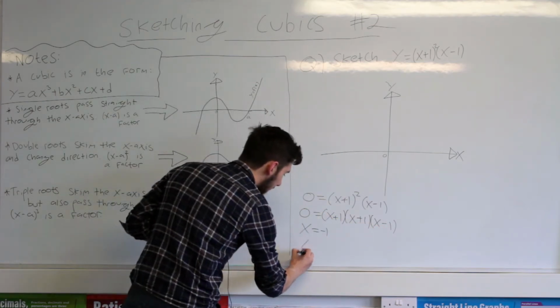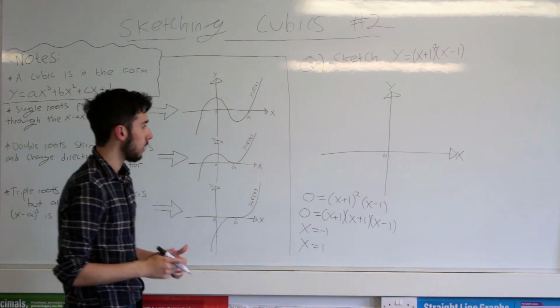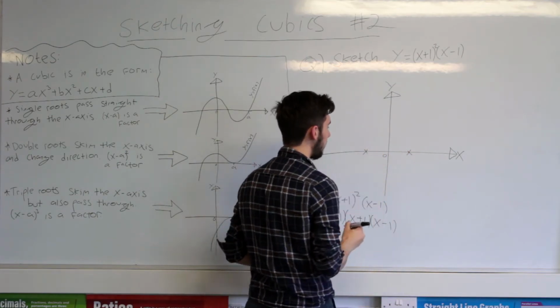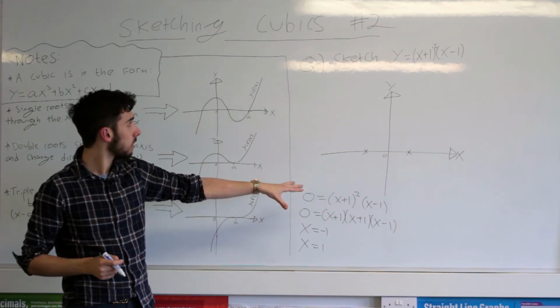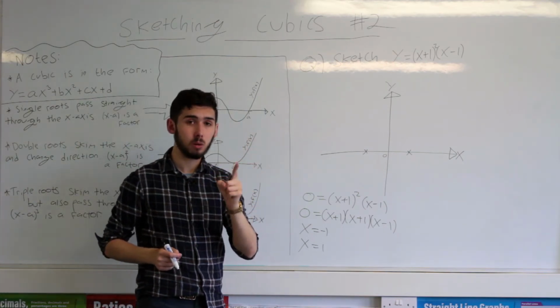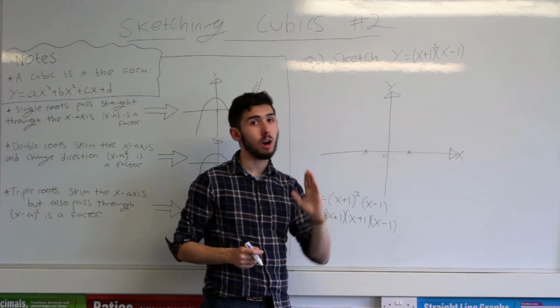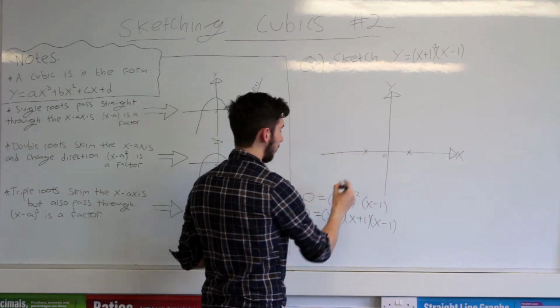So another one is x equals positive 1. Okay? So we can say that, let's say this is 1 and this is negative 1. The graph is going to go through like this, okay? Now, a is positive, which means the graph is going to start by coming up, okay? So it's going to be coming up like this, right?